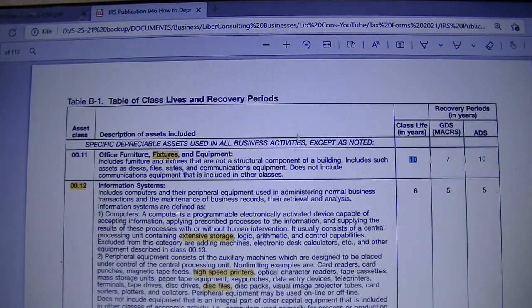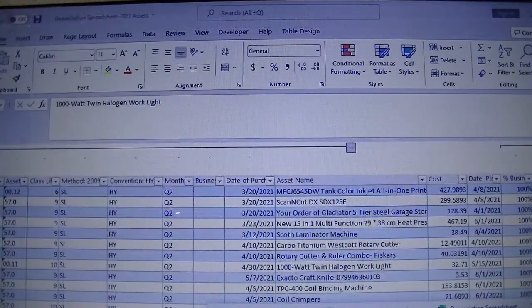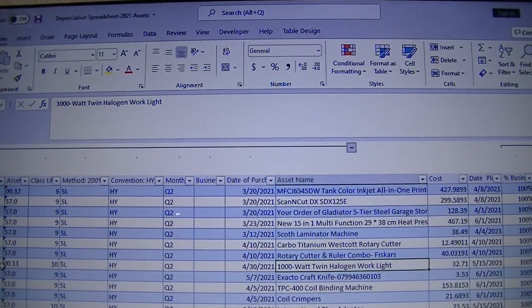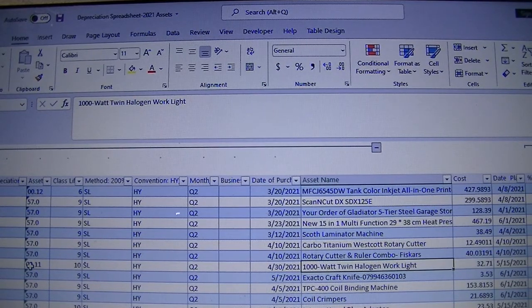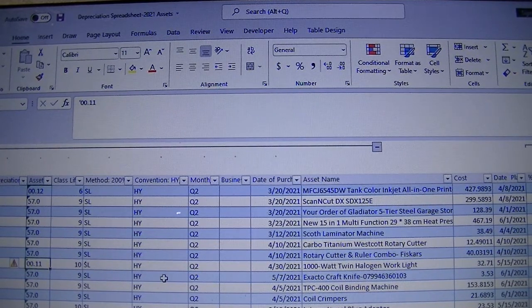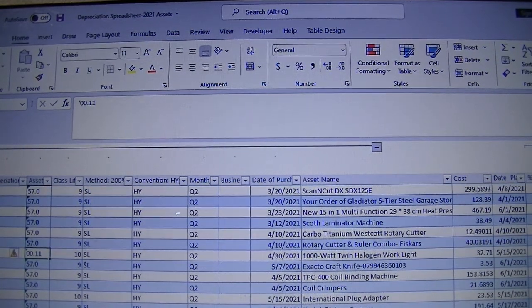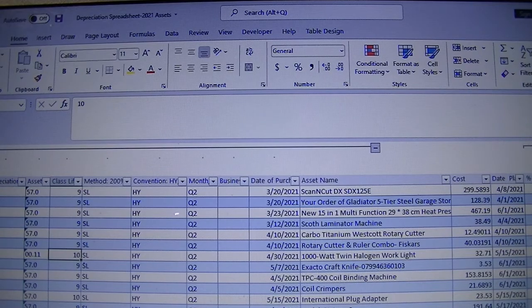We'll use the information for the asset class where the asset is listed in table B1. So we'll go back to our spreadsheet and put GDS for the depreciation method. We will put 00.11 for asset class, and the class life is 10, I believe.